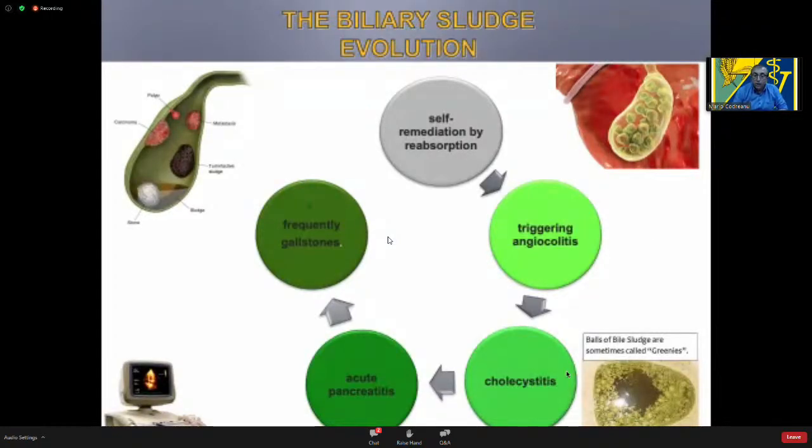We can register in evolution even an inflammatory condition of the gallbladder, talking here about cholecystitis, or injuries of the biliary duct or the common duct.